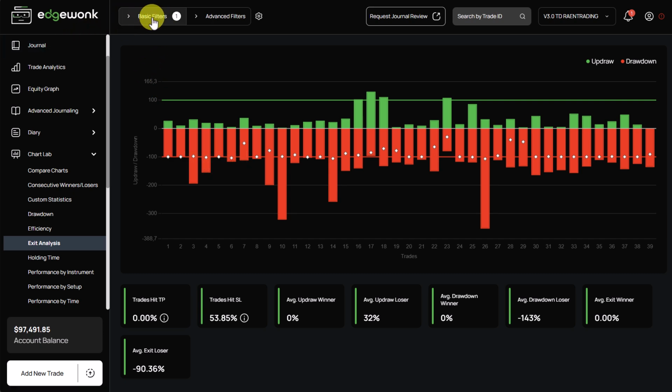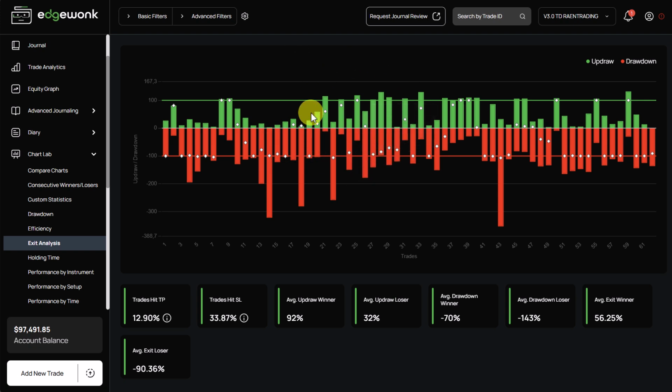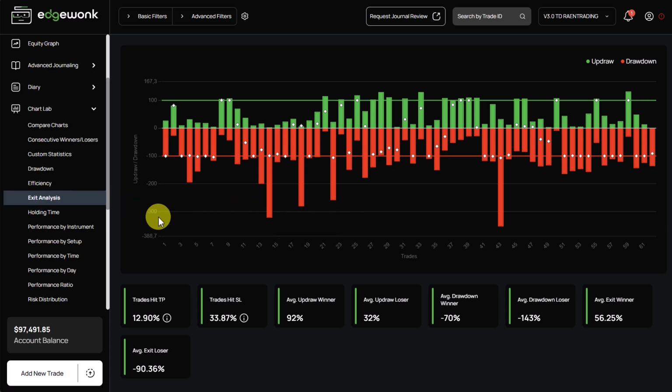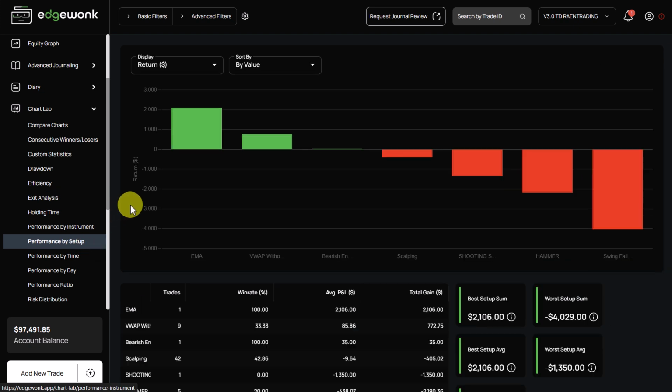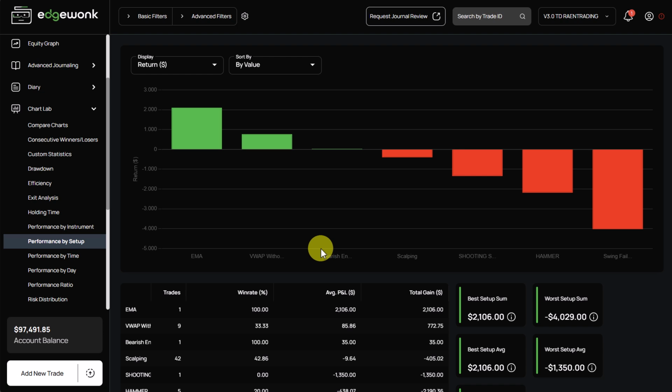In the beginning, we said he should probably look into boosting his reward to risk ratio. And the exit analysis graph shows us that this is actually a viable option for this trader that he should investigate. Moving on to the setups, we see that the trader has a total of 7 setups here, which is quite a lot for an underperforming trader.